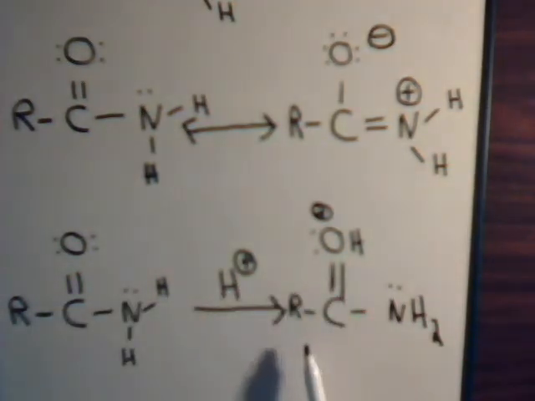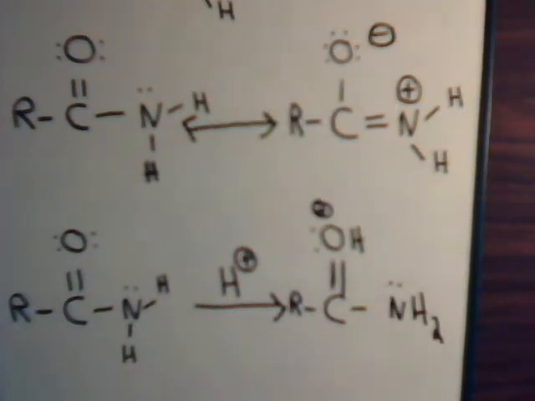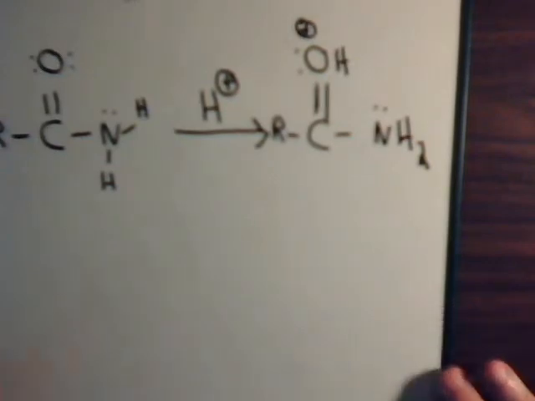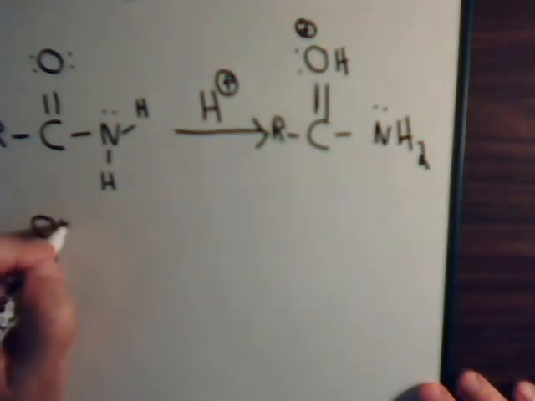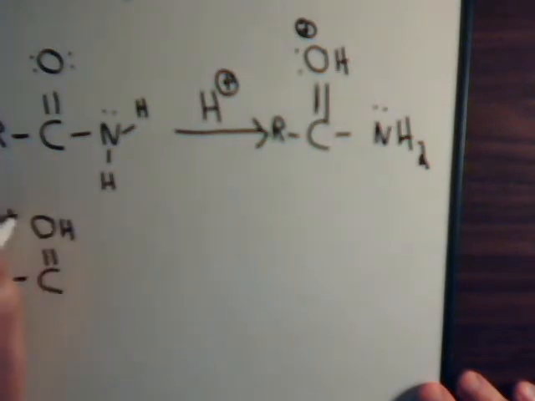Let's take a look at possible resonance structures then for the protonated form of the amide. So we have this, with its positive charge.